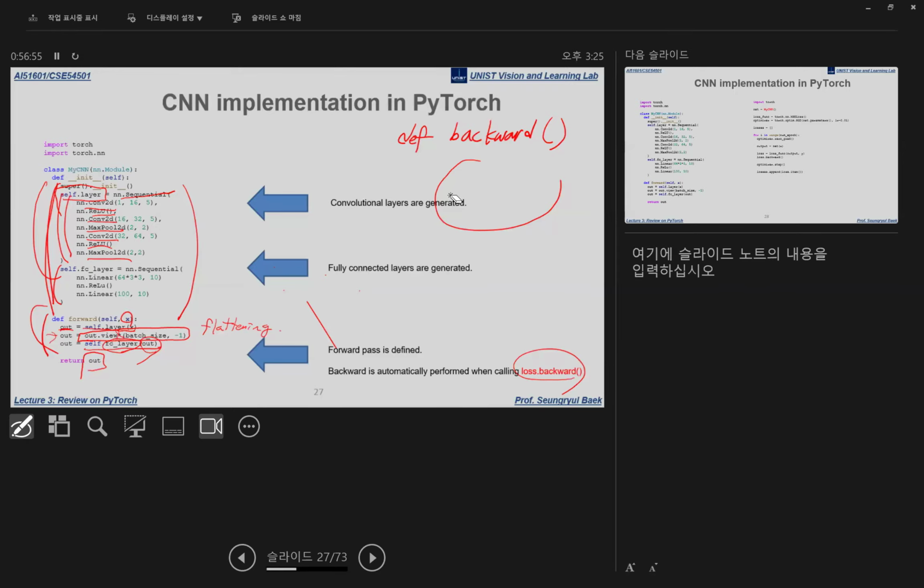But these parts are already implemented in PyTorch using automatic numerical calculations in the upper classes. So you will just inherit that for your individual network. So you don't have to implement these backward functions. Okay, are you guys understanding this?